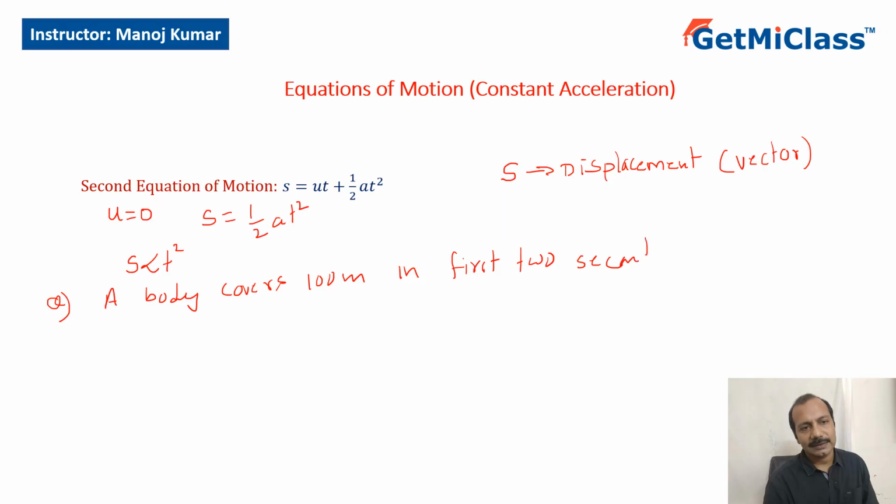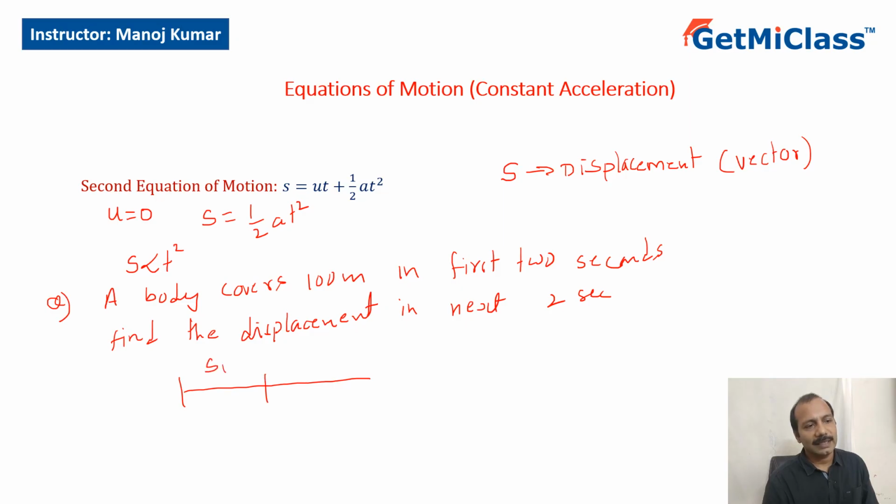So this is the first condition, and the question is to find the displacement in the next 2 seconds. So how do we do it? In order to solve this question, I'll divide this into 2 parts. Let's say this is S1 and this is S2. This is the distance covered in the first 2 seconds and this is in the second 2 seconds.